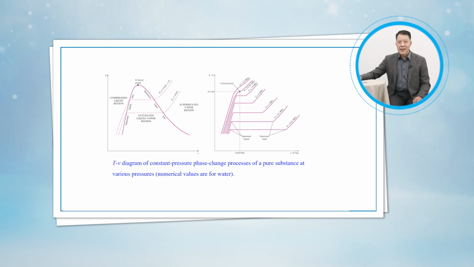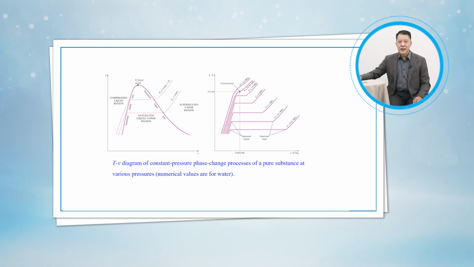Let's add weights on top of the piston until the pressure inside the cylinder reaches 1 megapascal. At this pressure, water has a somewhat smaller specific volume than it does at 1 atm pressure.